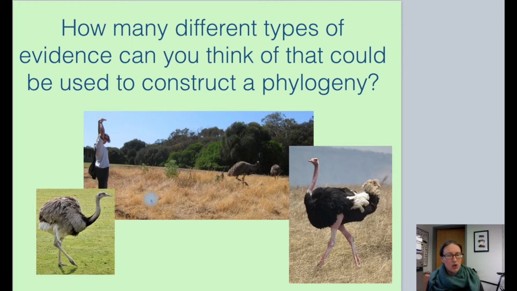So this might be one sample system to think about: how could we figure out the evolutionary relationship across these different bird species? What types of evidence or information could we use? It's worth it to pause the video for a moment and think about types of evidence that you might be able to come up with. And then after you've done that, we'll carry forward and go through some of those types of evidence.